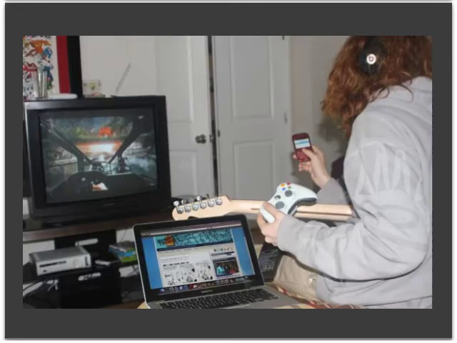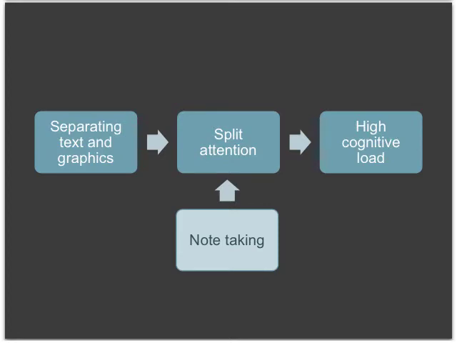Split attention is another interesting phenomenon that often affects how much our learners understand and remember from any of our teaching. I think those of us who have teenage daughters or sons are pretty aware of this type of extreme split attention, but I'm talking about something much more subtle. By doing something as minor as separating in space, text and graphics, we split a learner's attention.